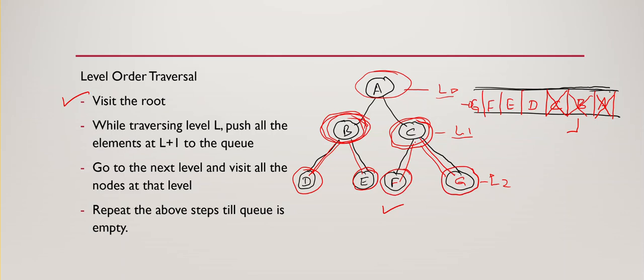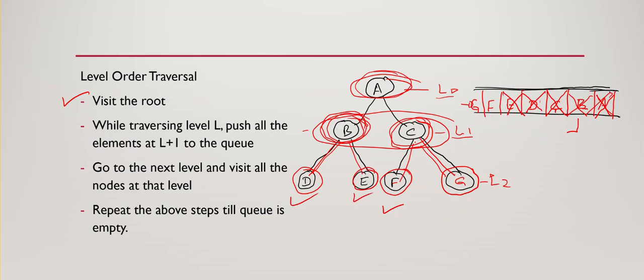That's how now we have traversed. First of all, we have traversed A, then we have traversed the nodes at level 1, that is B and C. Then we will take out D from here, and we will try to see if there are any child nodes in D. If there are none, then it will just go to the next node, that is E, and it will again check whether E has any child node or not.